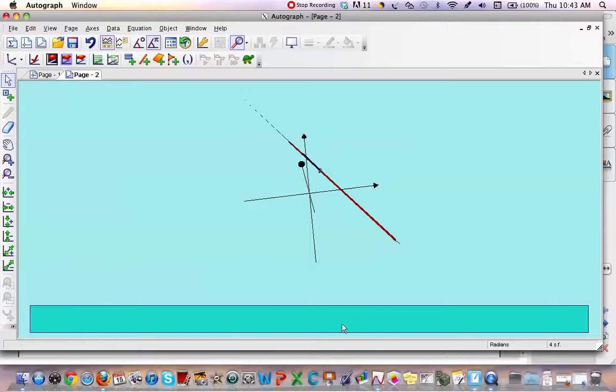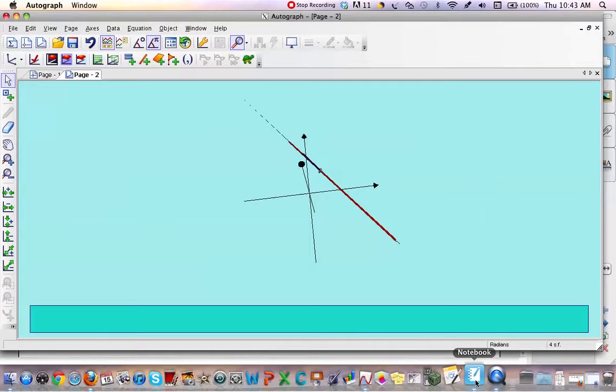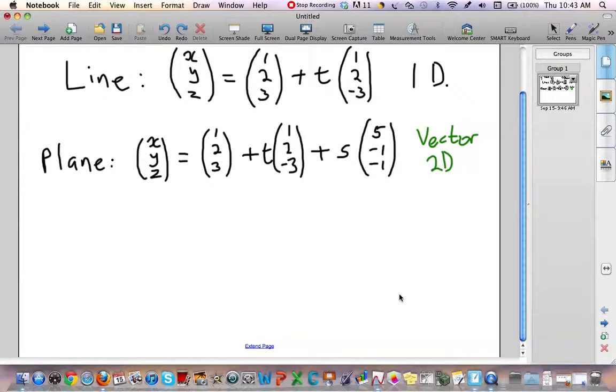And what we're going to do is we're going to go back over here. I'm going to take the two direction vectors and I'm going to evaluate the cross product of those two direction vectors.